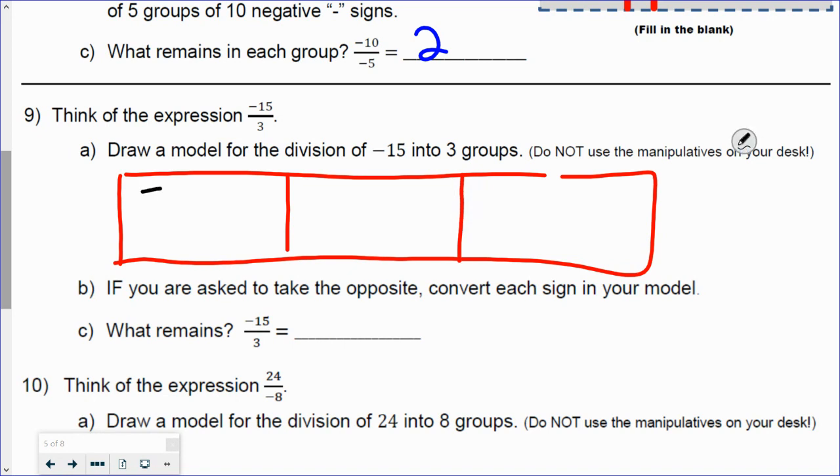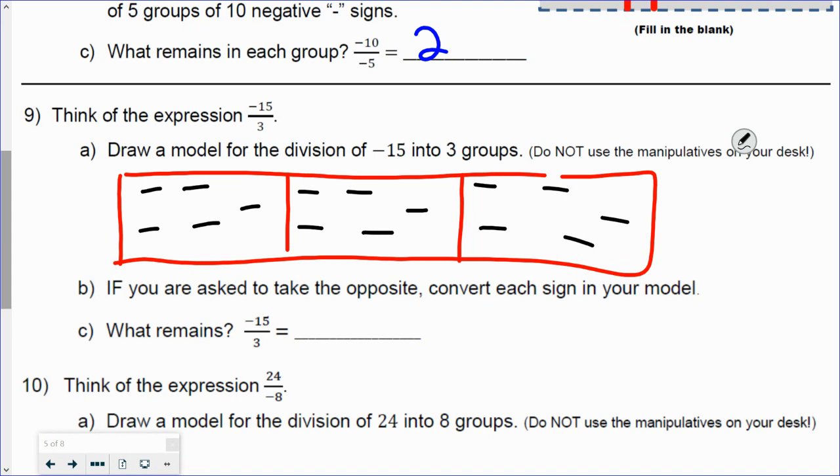Okay, so I have 1, 2, 3, 4, 5, 6, 7, 8, 9, 10, 11, 12, 13, 14, 15. Okay, so that is my negative 15 split up into 3 groups.